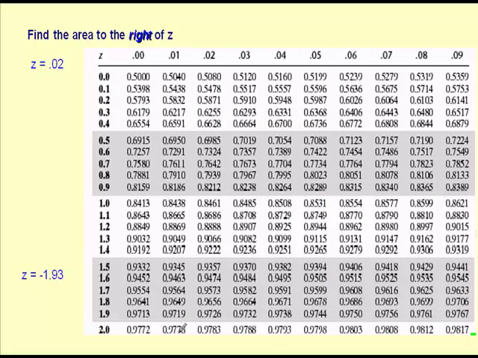If the z-score is 0.02, you would find the probability at 0.02, 0.5080. But we're looking at areas to the right, so we'll have to subtract 1 minus 0.5080 to get our correct probability.